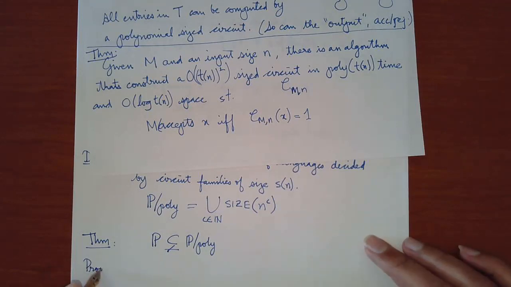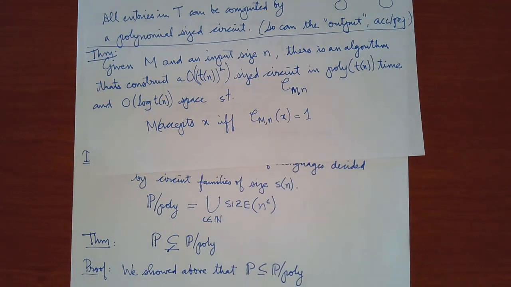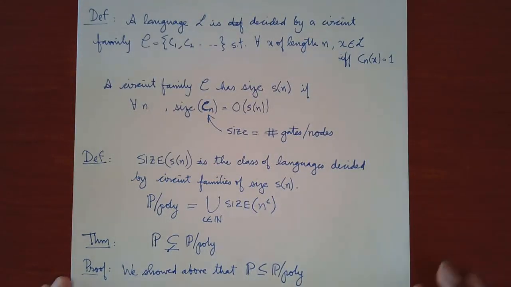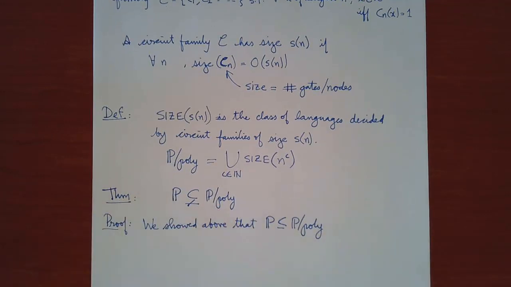So for the proof, we showed above that P is a subset of P/poly. Why is it a strict subset? I claim that you already know the answer, in the sense that you can come up with a language which is in P/poly but not in P.